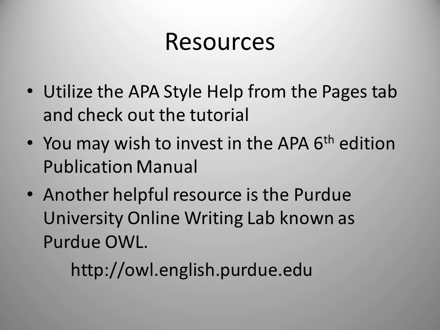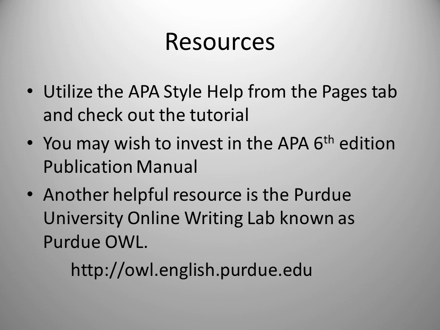Resources to back us up. I would definitely utilize that APA style help from the Pages tab. Check out the tutorial that they provide there. You might invest in an APA manual or get one from the library if you need it. Another real helpful resource is the Purdue University Online Writing Lab.